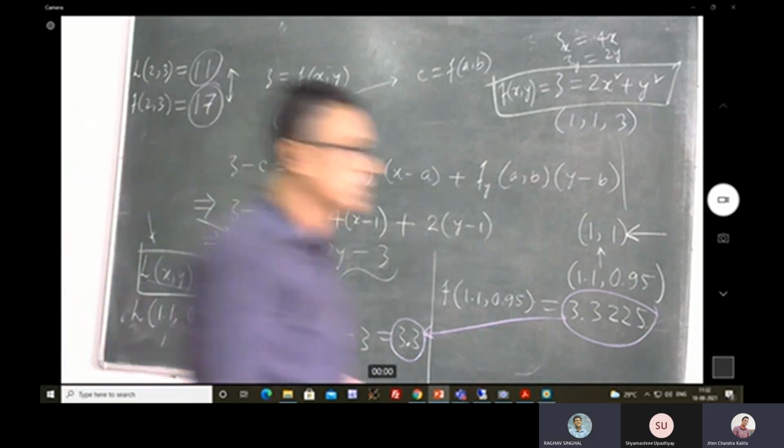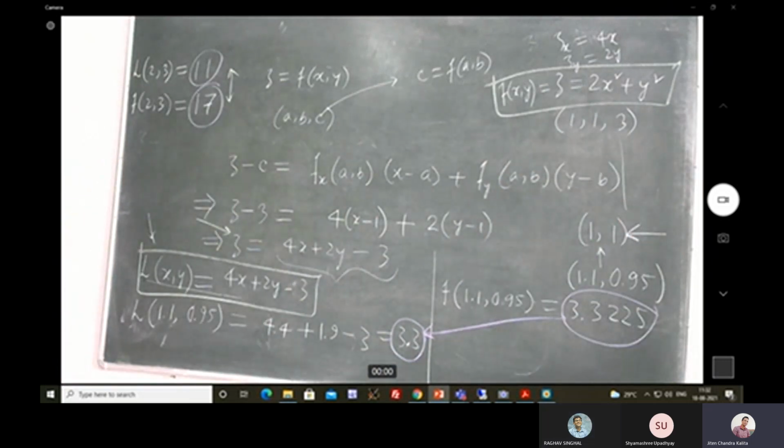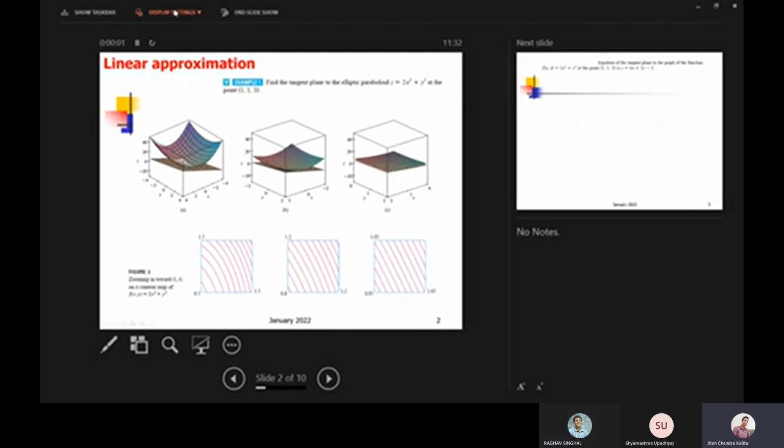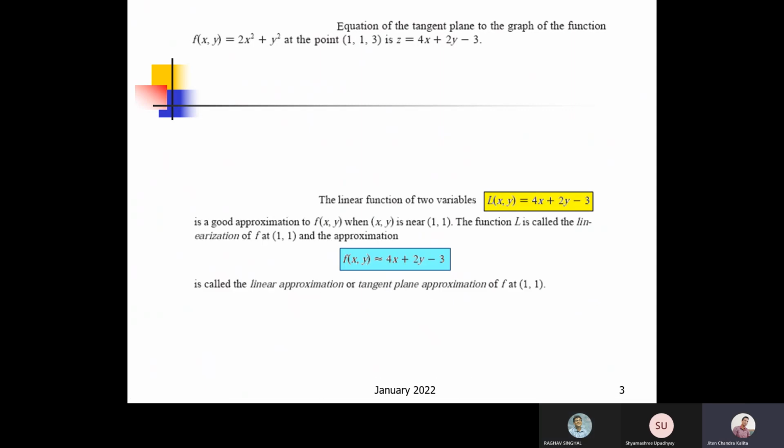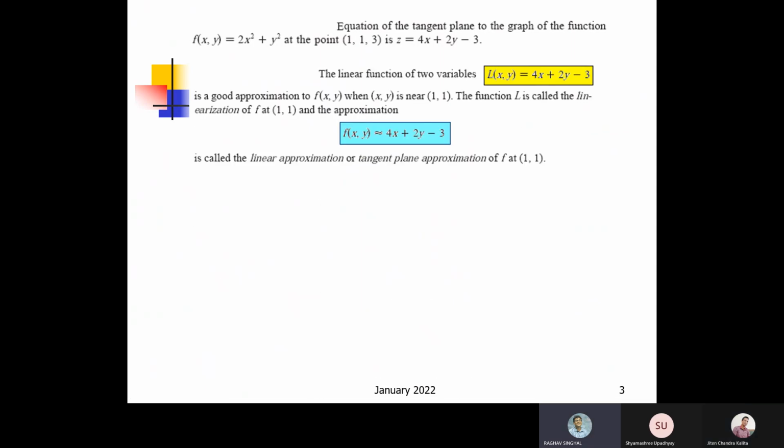Now let us again quickly browse through our slides. This is what we have done. The linear function of two variables L(x, y) is a good approximation to f(x, y) when (x, y) is very near (1, 1).